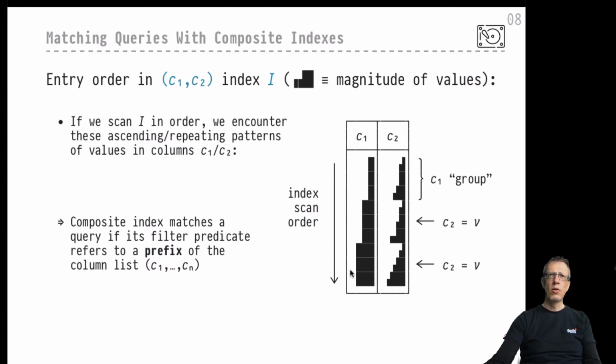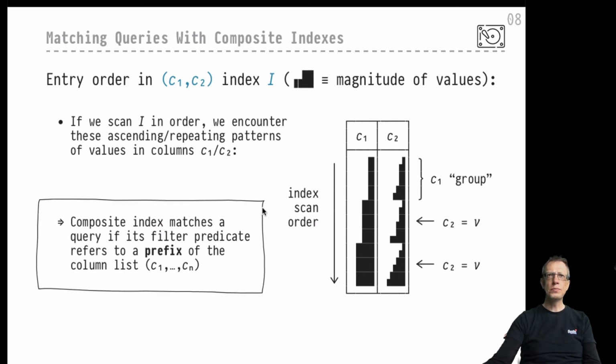This leads to this very important observation here in this box. Such a composite index with multiple columns is useful to evaluate predicates that refer to a prefix of that column list.